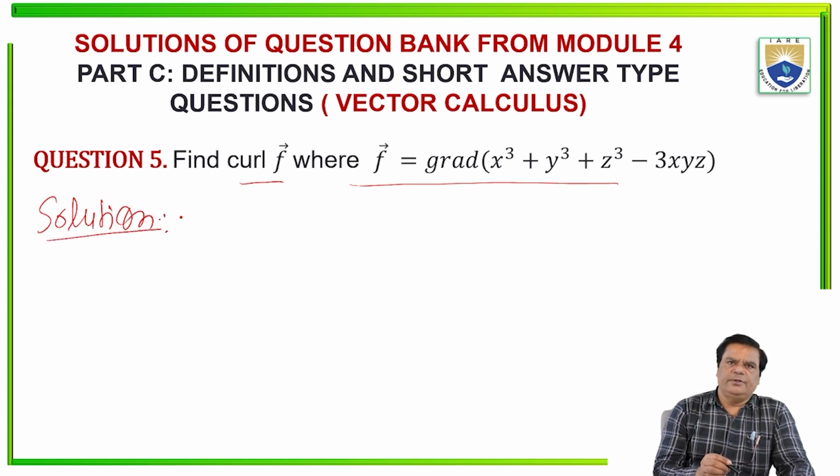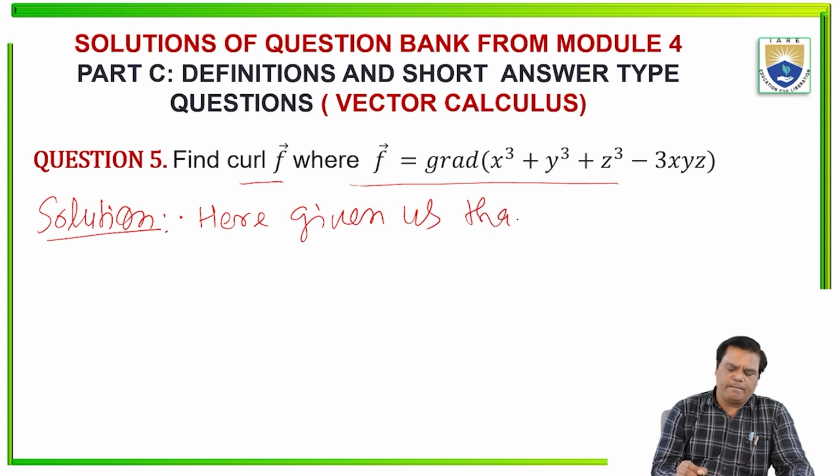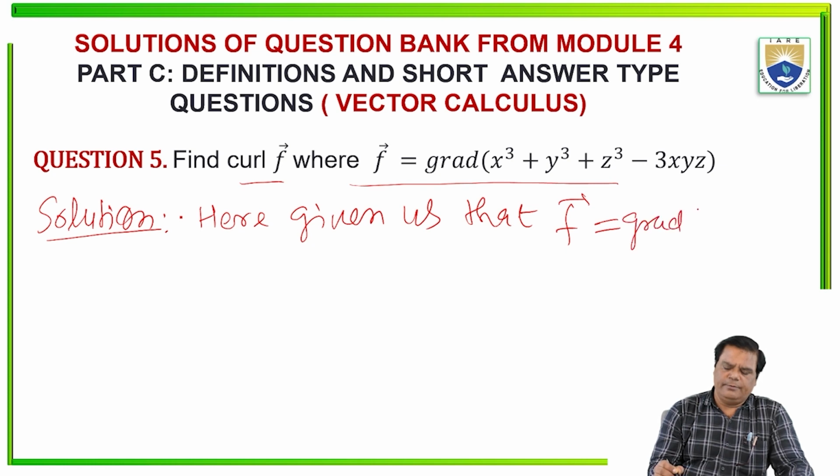Solution. Here it is given that vector f is grad of x cube plus y cube plus z cube minus 3xyz.